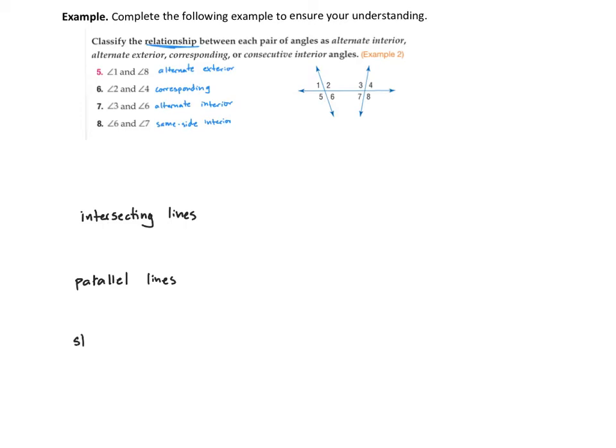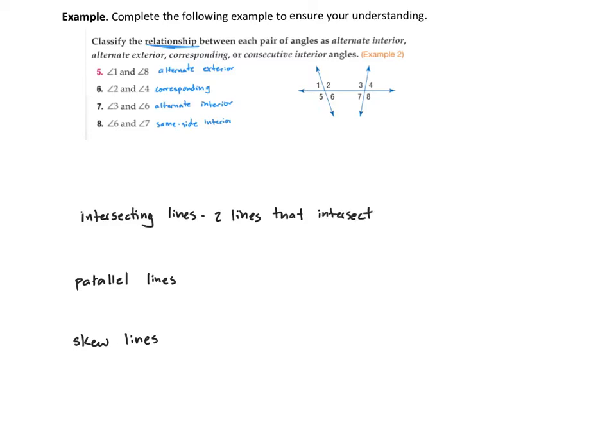Finally, we have skew lines. Now, you probably know what the first two are, but we're going to define them anyway so you have the technically correct way these are going to go. Intersecting lines are, as we learned in the first chapter, two lines that intersect.